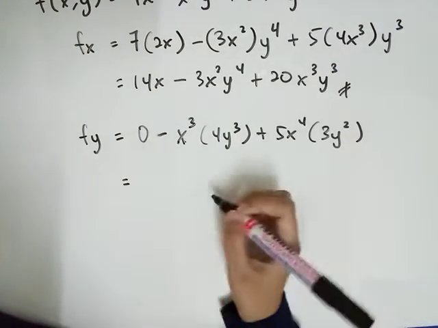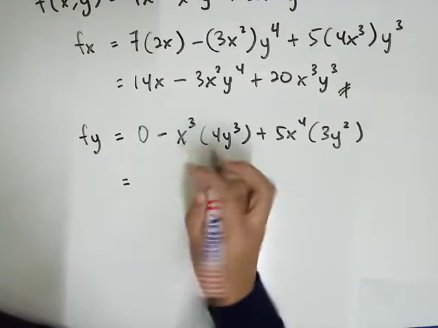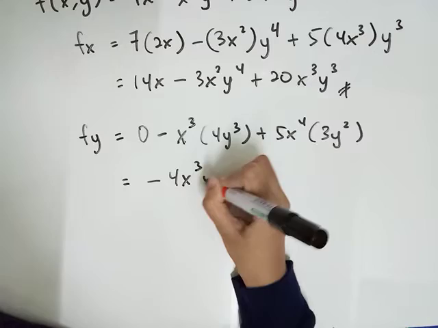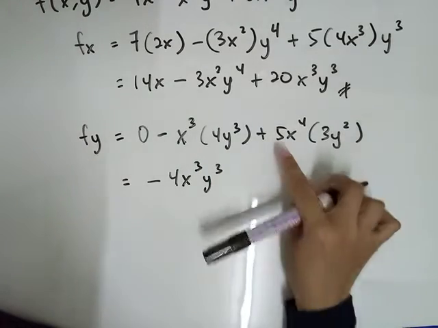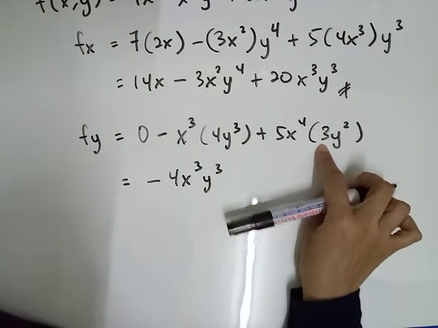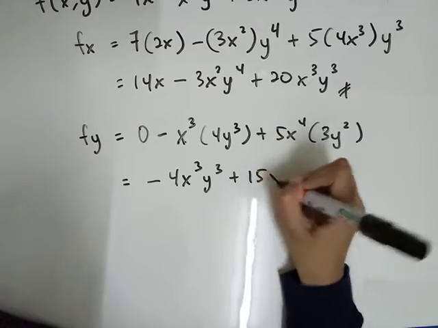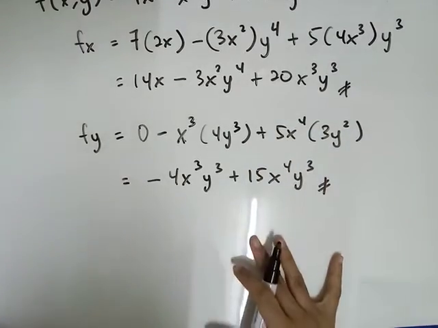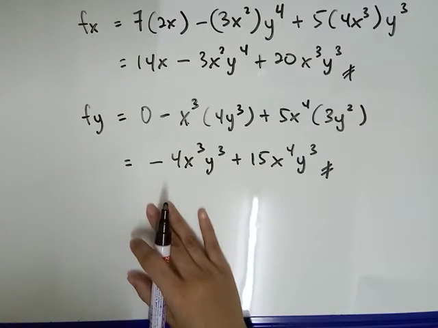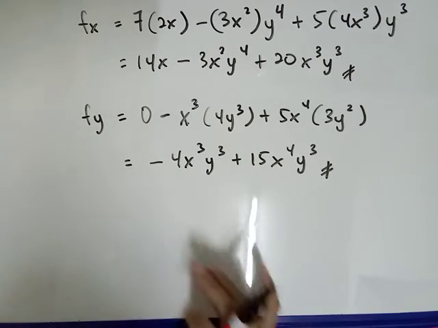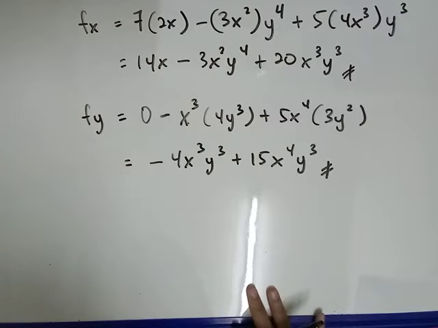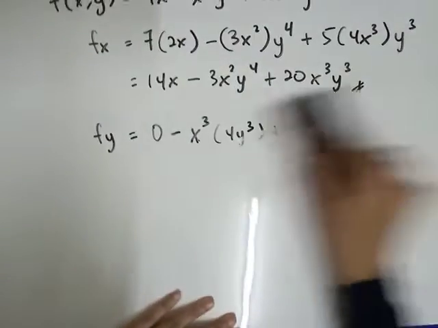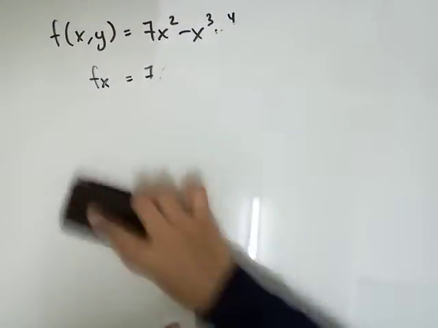So 0, negative 4x cubed y cubed. 5 times 3, we get 15, so plus 15x power 4 y cubed. So this is the answer, the partial derivative with respect to y. Alright, you understand? Okay, I give you another example.